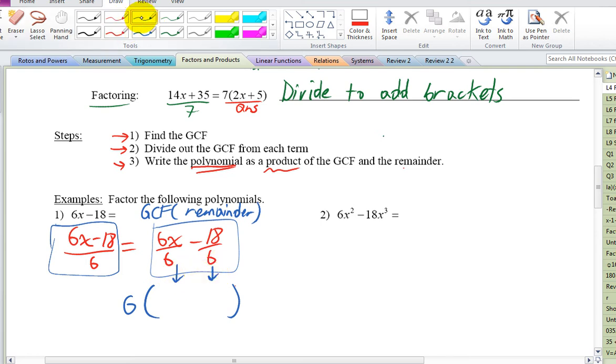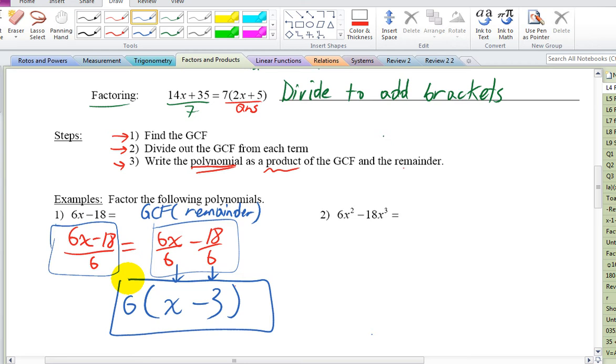What's 6x divided by 6? Simply x, right? 1x. Negative 18 divided by 6? Negative 3. Not bad. That's your answer, folks, right here. 6 times bracket x minus 3 bracket.